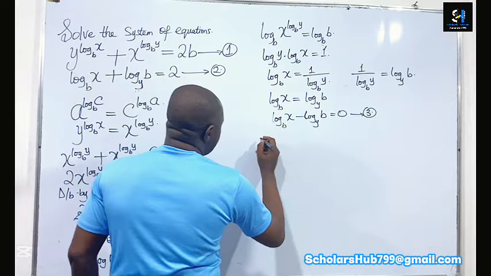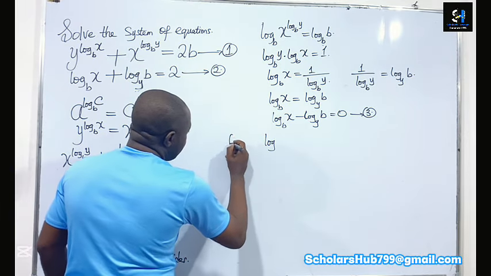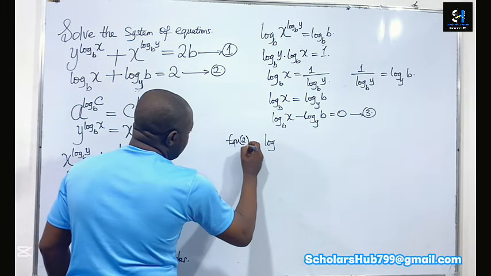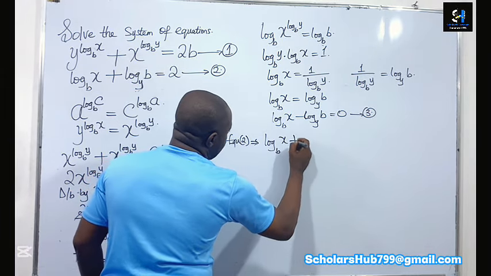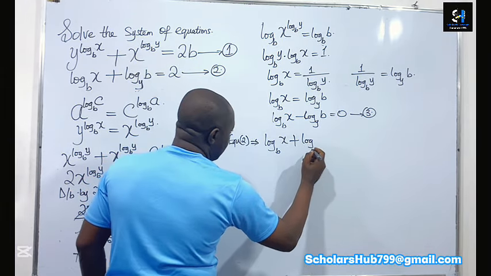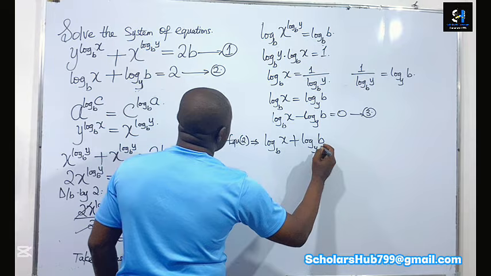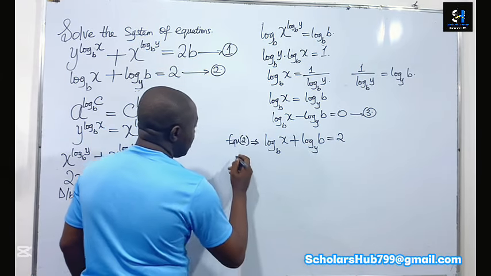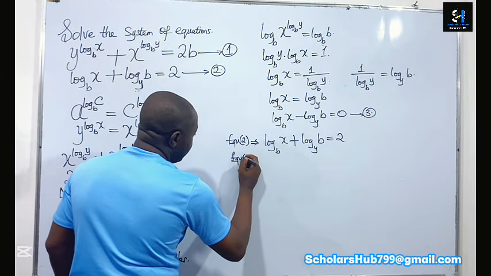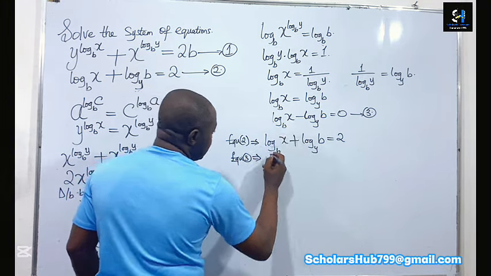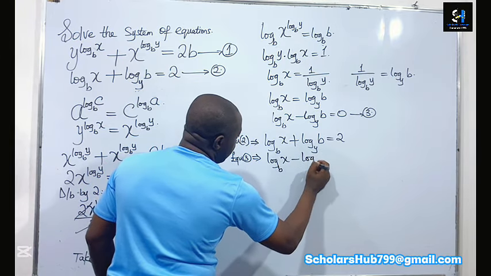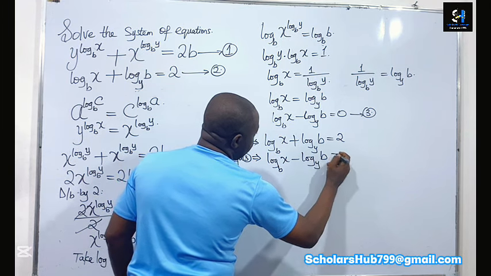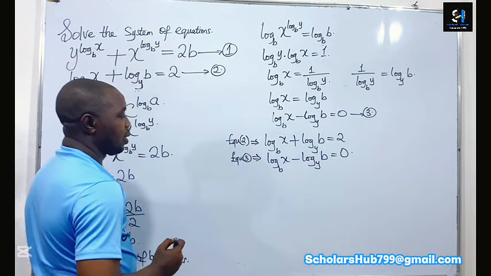So equation 2 is log base b of x plus log base y of b equals 2. Now, equation 3 is log base b of x minus log base y of b equals 0.